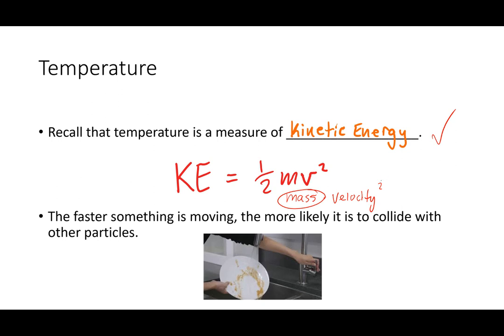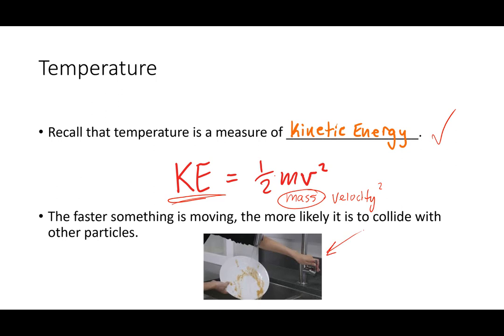And when it's squared, and then you multiply it by this coefficient of 1/2, you end up with the kinetic energy. And it just so happens that the average kinetic energy of a substance is its temperature. Okay. The faster something is moving, the more likely it is to collide with other particles, which should make sense, and we've all experienced this before.